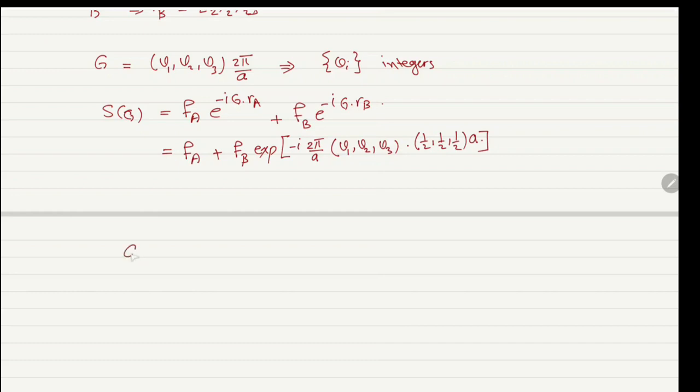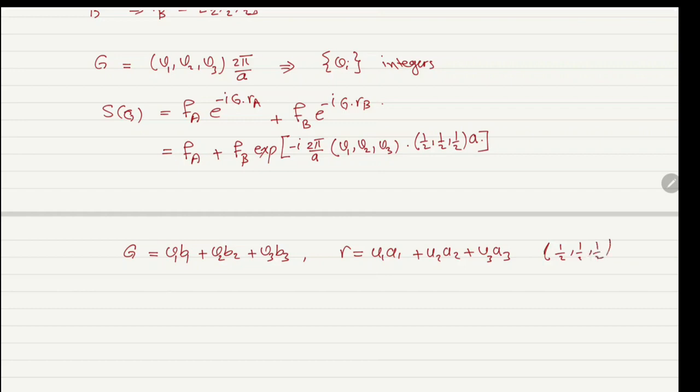Remember, G equals v1 b1 plus v2 b2 plus v3 b3, and R equals u1 a1 plus u2 a2 plus u3 a3. In this case, u1, u2, u3 are equal to half.